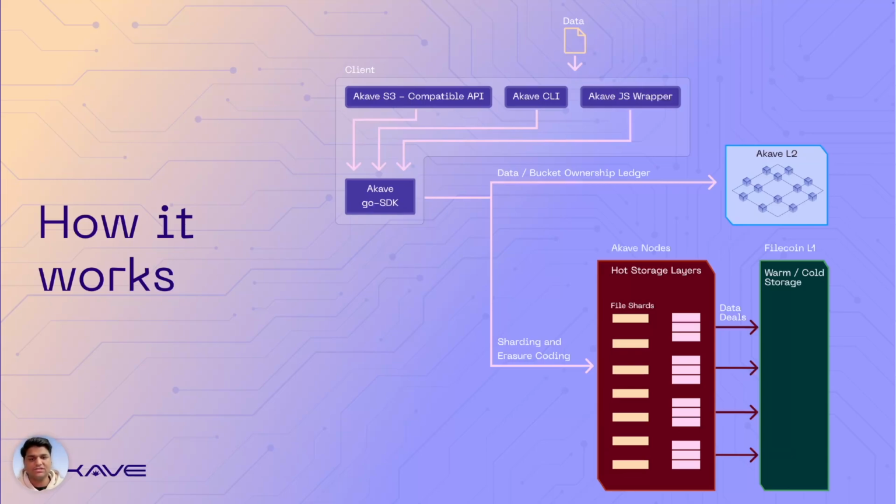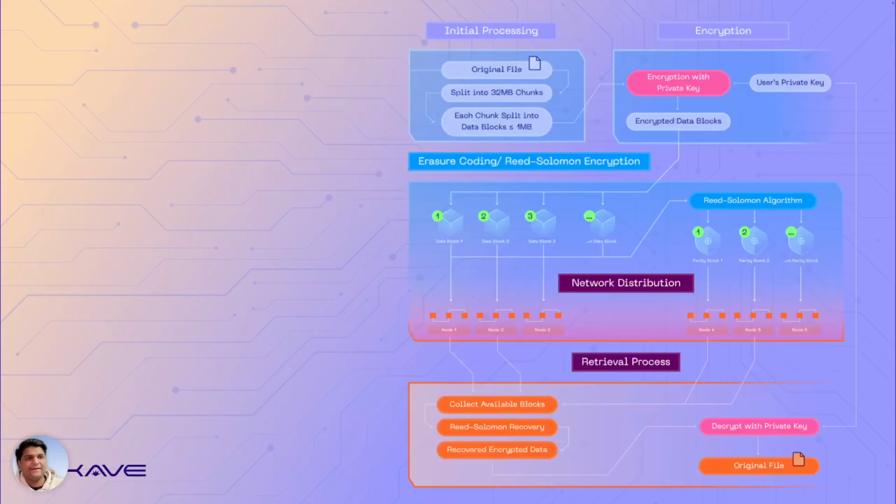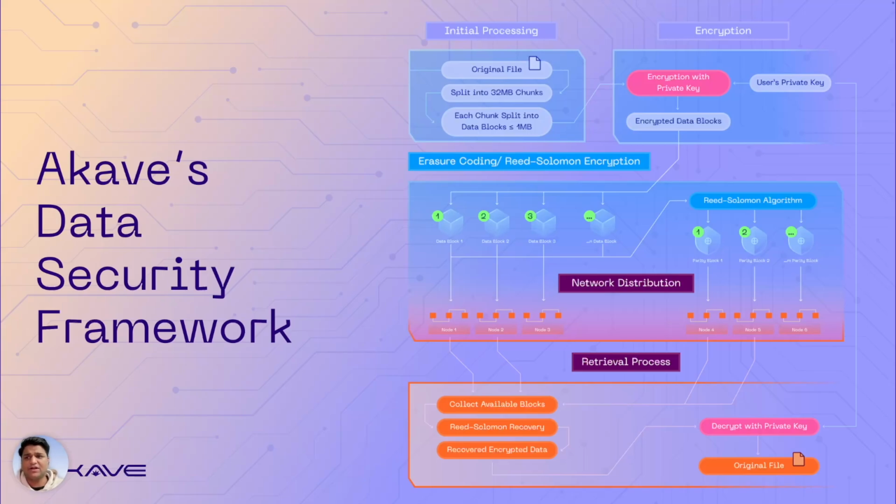We'll talk about this in detail in the next slide. Filecoin L1 is used as a WORM or archival storage layer. Akave L2 is used for all the on-chain metadata storage of your file, so it's easily trackable and verifiable.